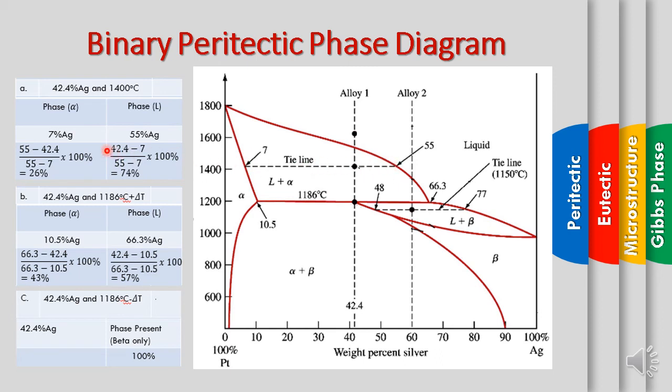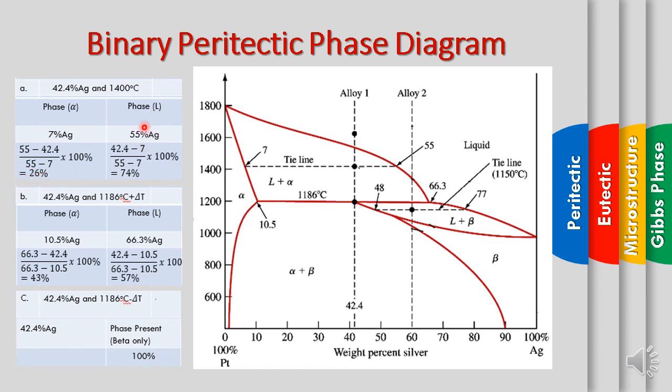For the alpha phase, the amount we can calculate is 26%, which we get from the value of 55 minus 42, and then divide by the whole from here to here, and then we get 26.